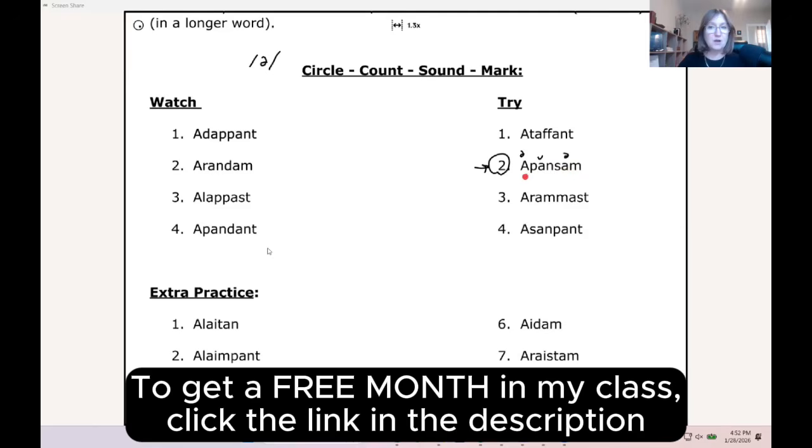So the sounds are p, a, n, s, a, m. A pansum. Did you notice that I said this part stronger? That was emphasized. A pansum. That was accented or stressed. A pansum.